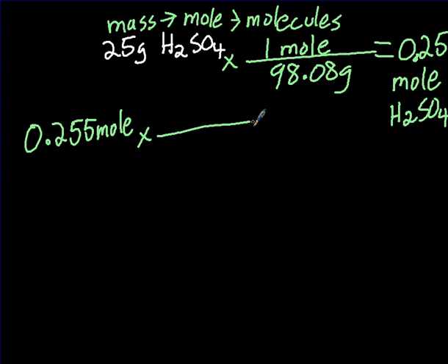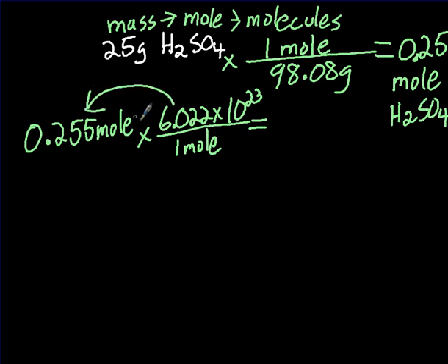Now, when you're going from moles to molecules, you always put Avogadro's number on top, because that's what we're going to, and 1 mole on bottom. Again, the unknown always goes on top. In this case, to keep it easy, you just multiply these two numbers.